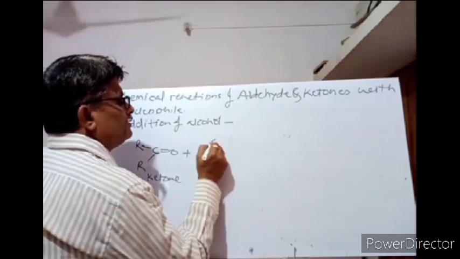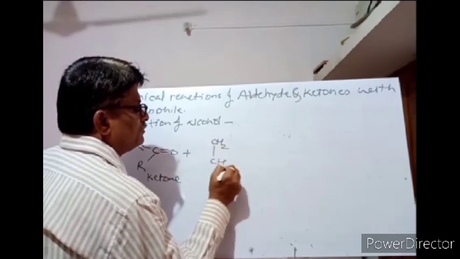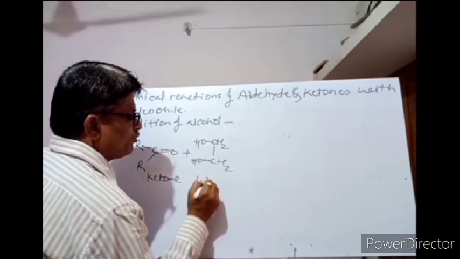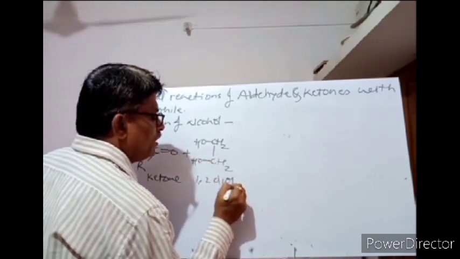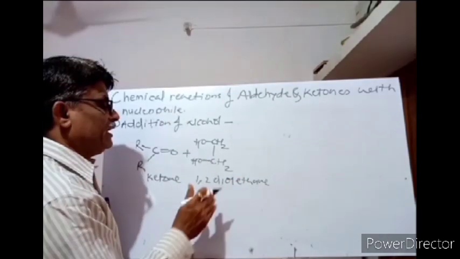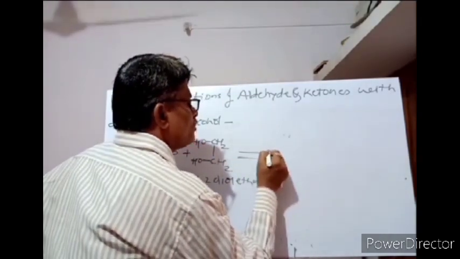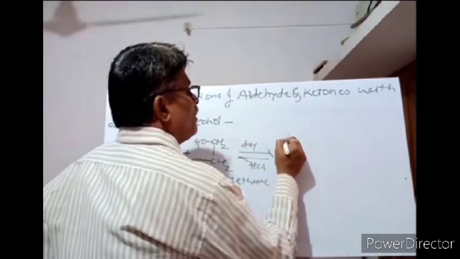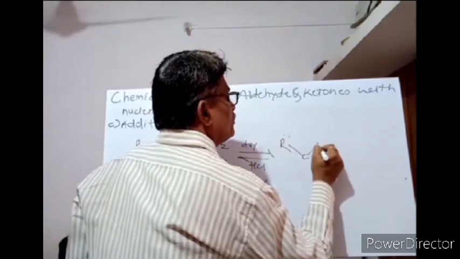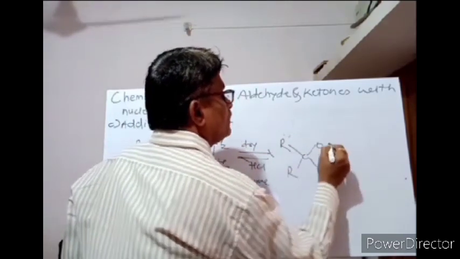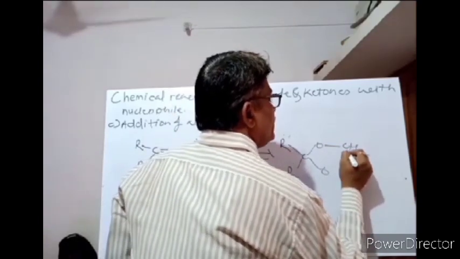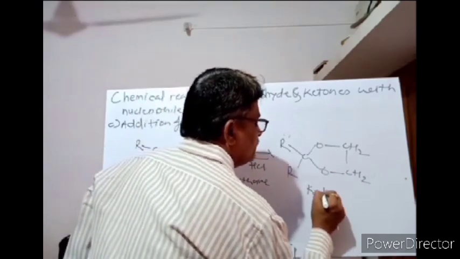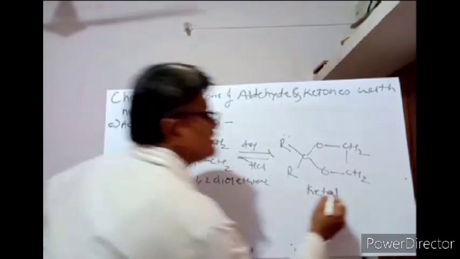When it reacts with 1,2-diol, that is ethane diol, in the presence of dry HCl, it gives R C O R with CH2 CH2. This ring is called a ketal. This is a stable one.